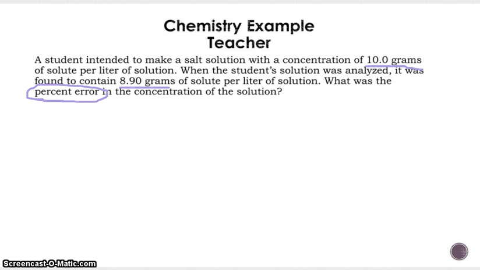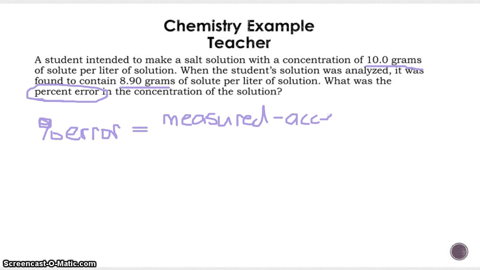So if we look at our formula that we have just written down, we know that our percent error is measured minus accepted over accepted.